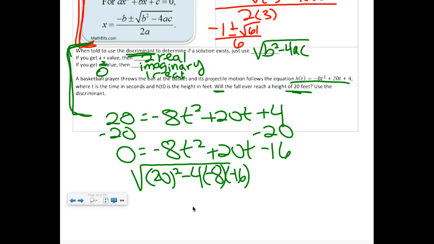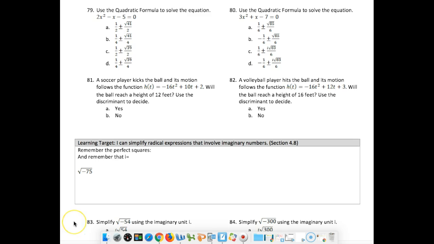Thank you, sir. So we're getting negative 112. So is this going to hit that height of 20? No, because if I get a negative, it means it's imaginary. And could I have imaginary heights that are being hit? No, so this would be a no. Do you see where I say this one might need some questions?